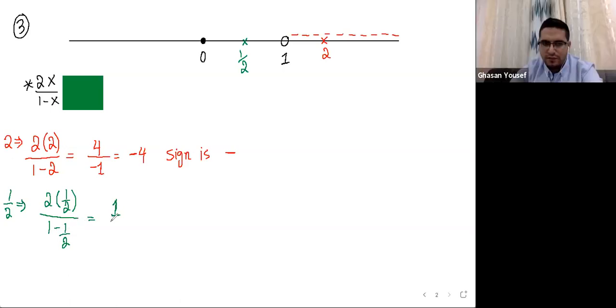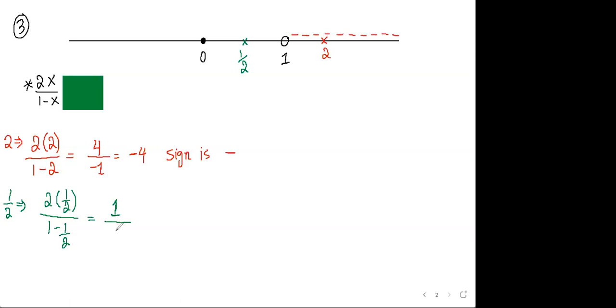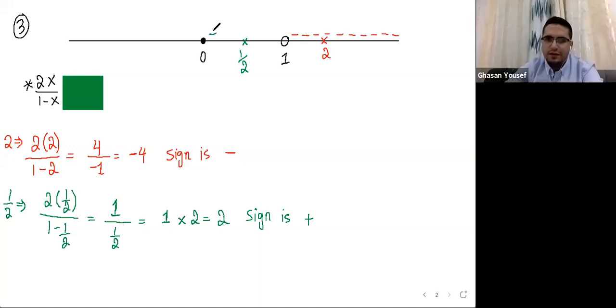And 1 minus 1/2 is 1/2. 1 over 1/2 is actually 1 times the reciprocal of the denominator, which is 2. So the answer is 2. What is the sign for the positive? So here in the middle should be positive like this.